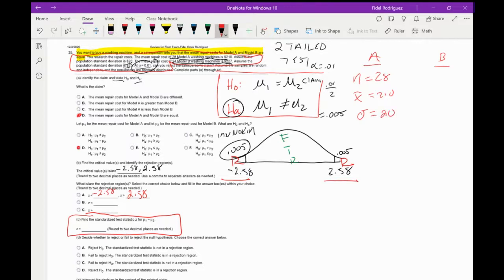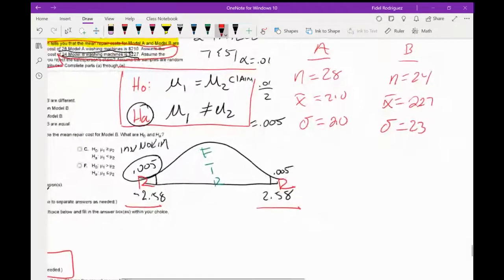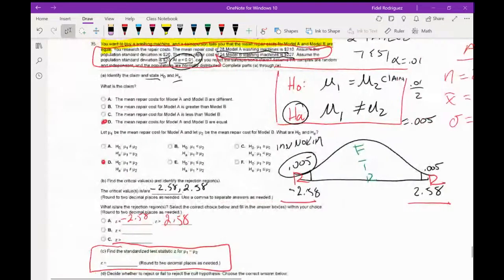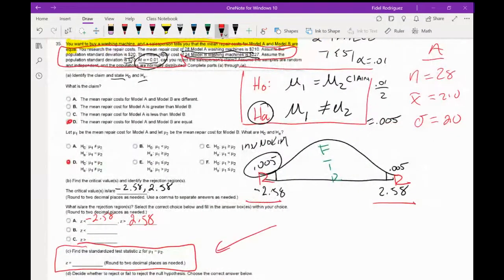For Model B, we had a total of 24 of them, our X bar was 227, and our population standard deviation was 23. So I'm going to use this information to answer this part.